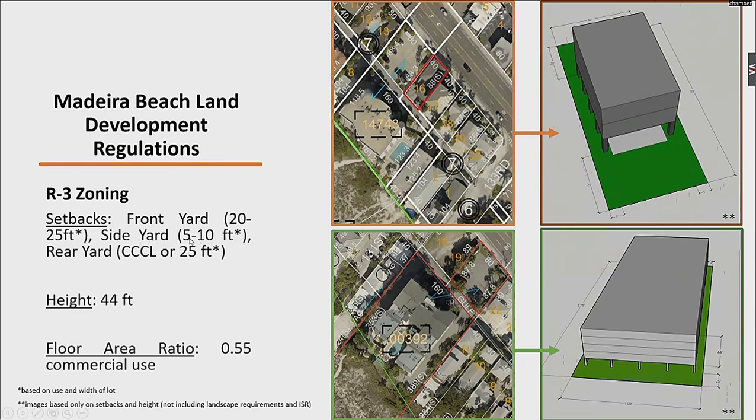Side yard, 5 to 10 feet. Since this is a single family home, it's 5 feet, so we have 5 feet on this side, 5 feet on the other side. And then the rear yard is either the CCCL if you're on the beach, or 25 feet. So here we have 25 feet. This is typically what you're going to see for a single family home given the zoning district standards.